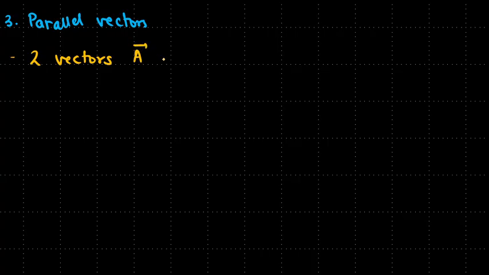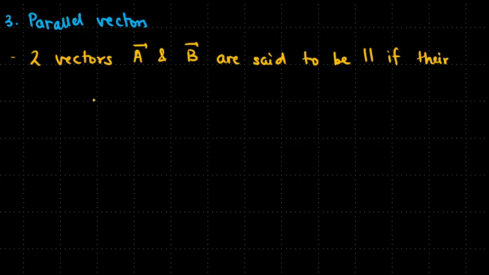Two vectors, vector A and vector B, are said to be parallel if the direction is parallel. Sounds about right, but what does this mean?